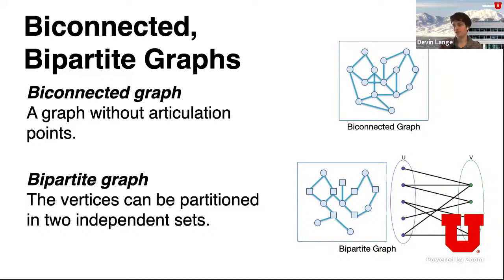It will only go to the other set. So in these two examples, the first one, circles only ever have a line connected to a square, and similarly, squares only have lines that connect to circles. You never have a circle-circle relationship or a square-square relationship. And then the graph on the right is another illustration where these are separated.